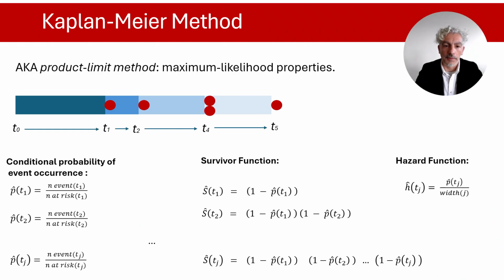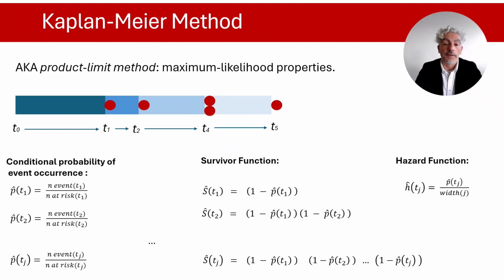And here I provide some of the formulae. So the conditional probability of event occurrence is defined as the number of participants who experience the event within an interval divided by the number of participants who had not yet experienced the event at the start of that interval.